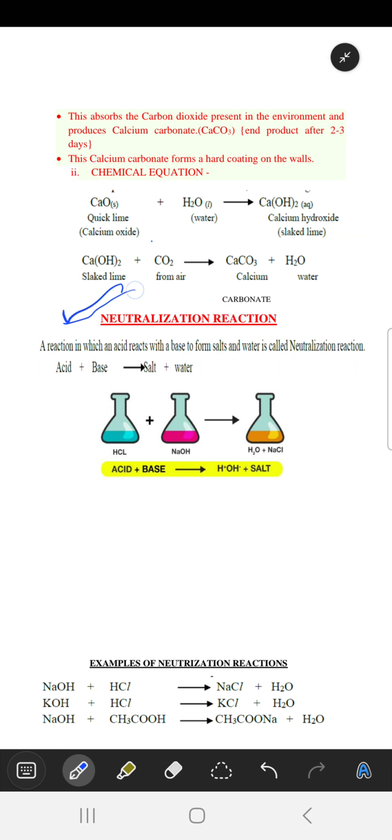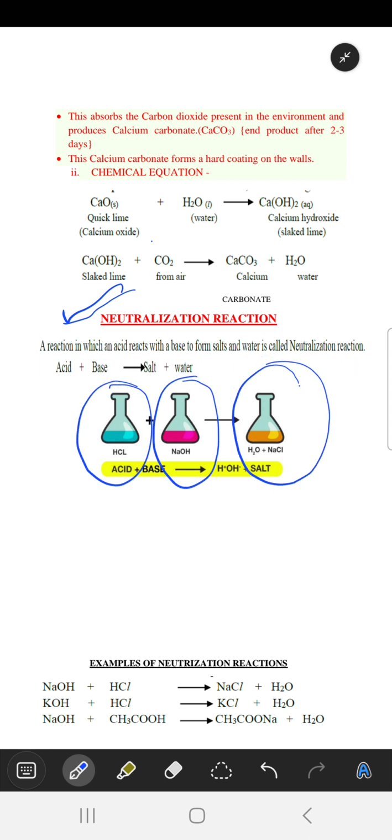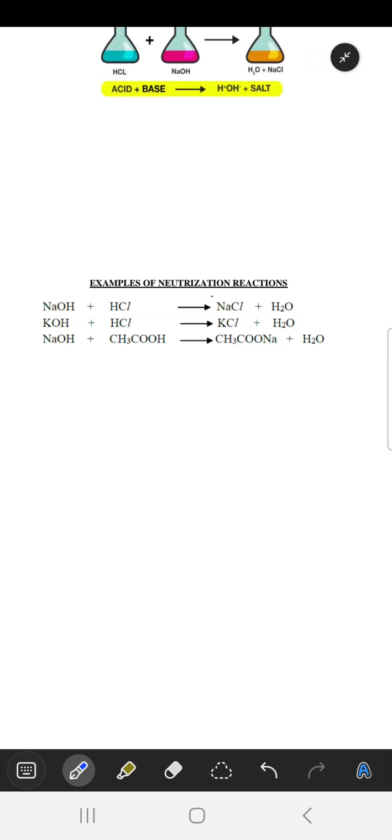Next we will discuss is the neutralization reaction. So a reaction in which acid and base react to form salt and water is called as neutralization reaction. Let us discuss the examples of neutralization reaction.